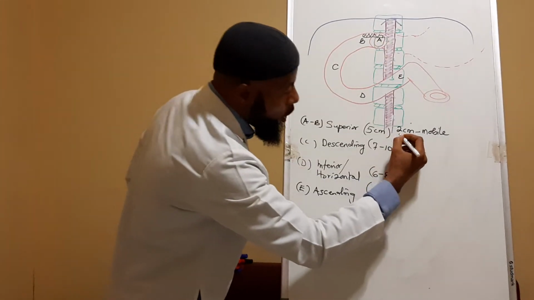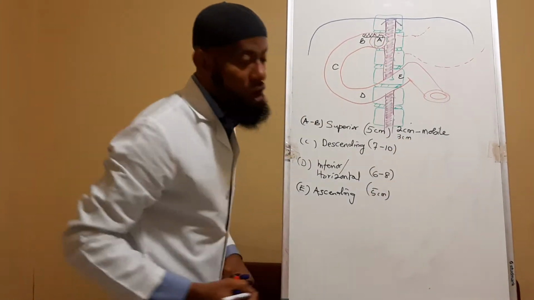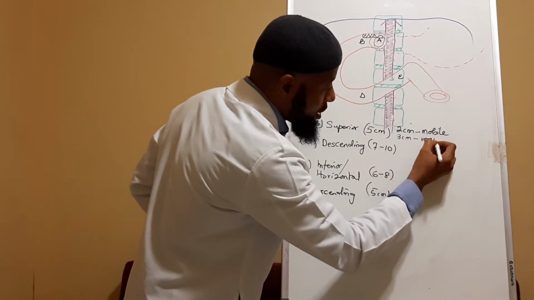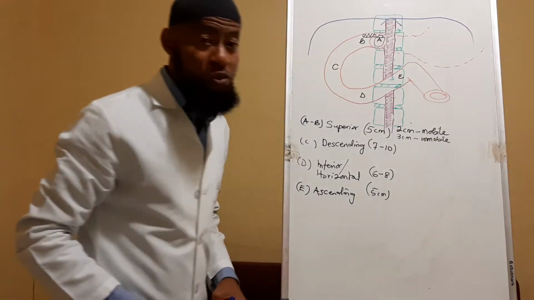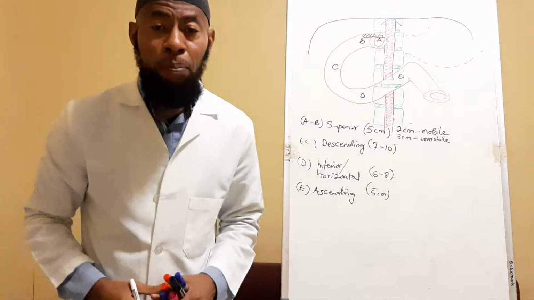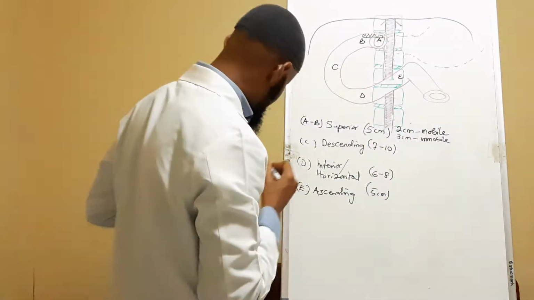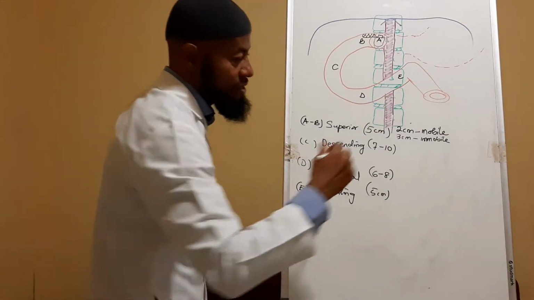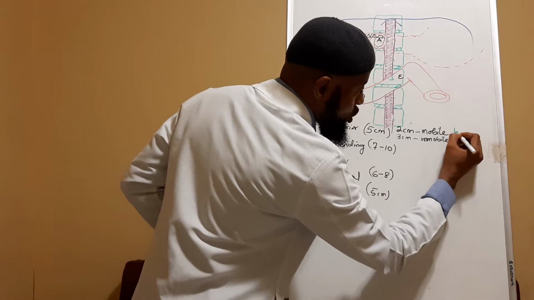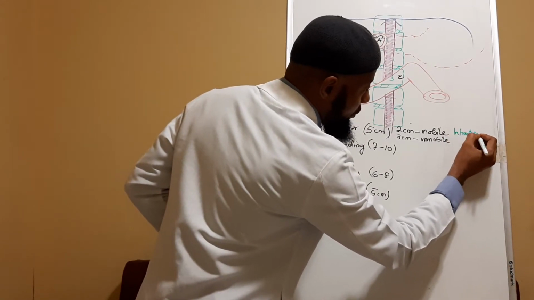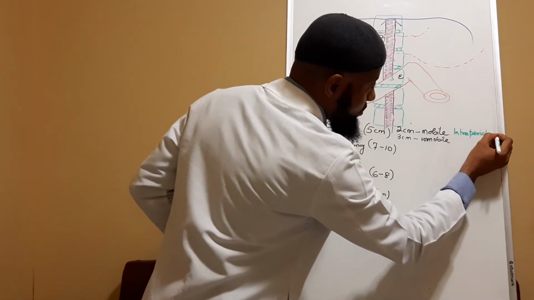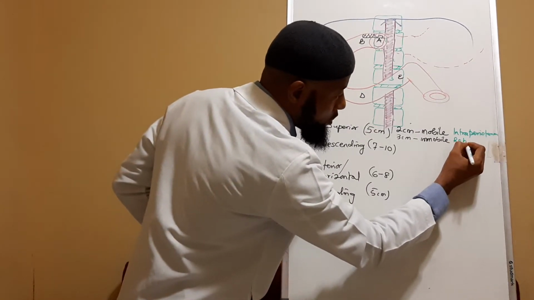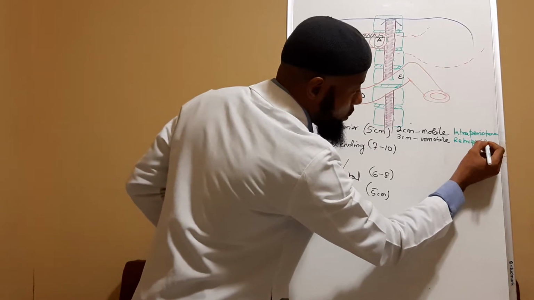Now the other 3 centimeters of the duodenum is immobile, which means it is not movable. It is retroperitoneal. So the first 2 centimeters is intraperitoneal, and the rest is retroperitoneal.